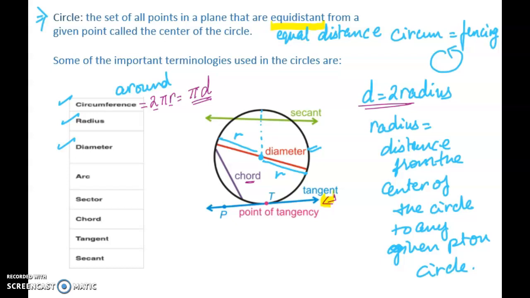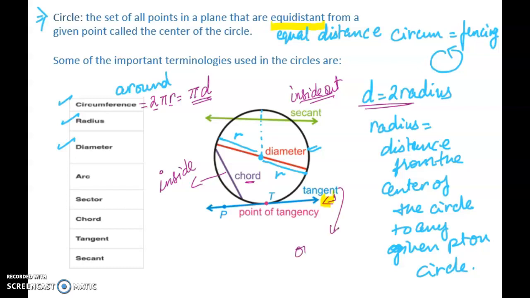So my interpretation is the chord is always inside the circle. It can touch any 2 given points on the circle. Secant, it branches out. So inside out. It is inside, but it is branching out for a little bit of freedom outside the circle.